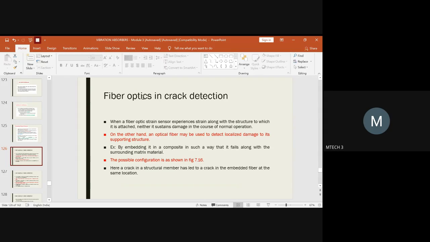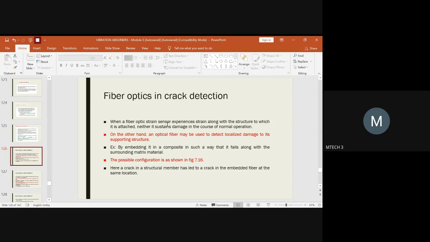But here the fiber optics are focused just on the detection of the crack. For that, what you mainly need is the fiber optic sensor. To know the crack, you should use a strain sensor, because when the load comes and a strain is induced, if the material is not able to withstand it, only then does the crack appear.